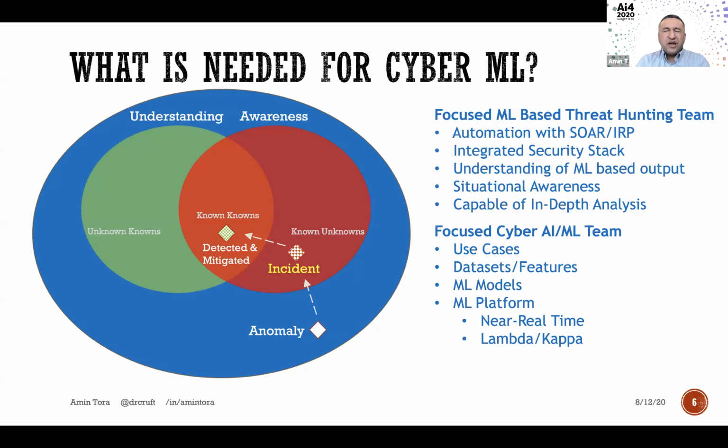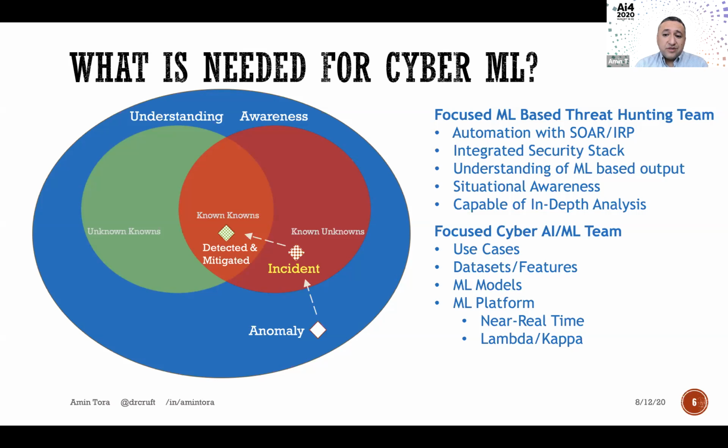Now, once you have this, you also need a focused machine learning or AI based threat hunting team. For that, you need a lot of automation, because a lot of the output from the machine learning models needs to be correlated, assessed, and analyzed. So you need to automate with SOAR and IRP solutions.